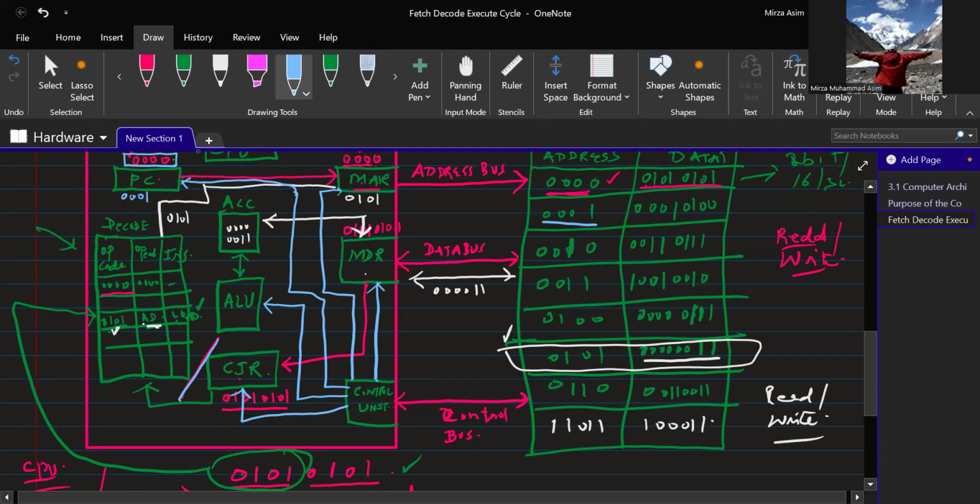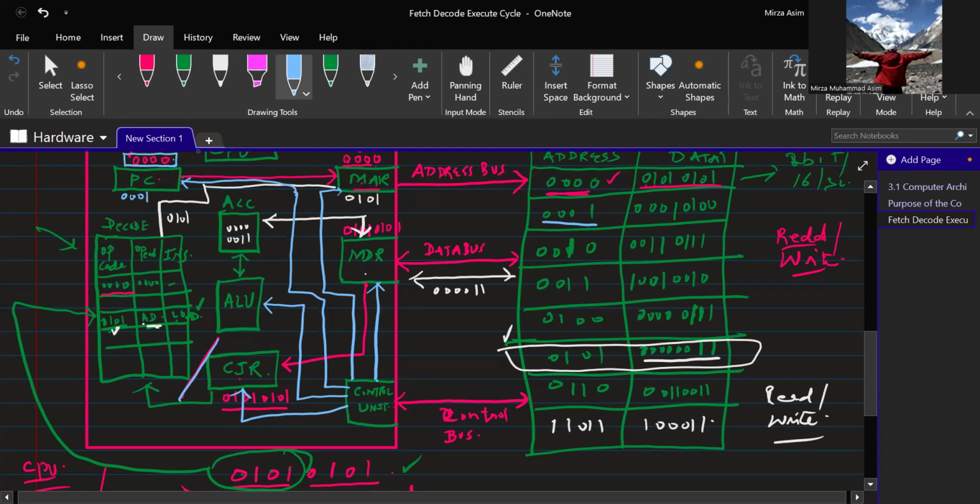This 0001 address will be copied into the MAR by using the address bus, a unidirectional bus. It sends this data and waits for the signals from the control unit, either reading the data or writing the data into the memory, right? So the same process happens.